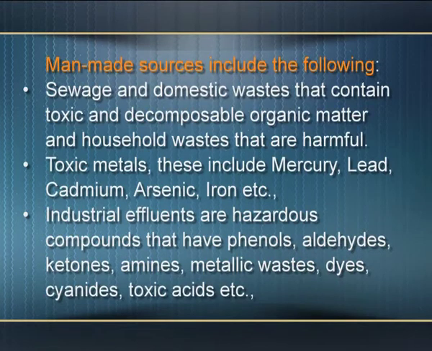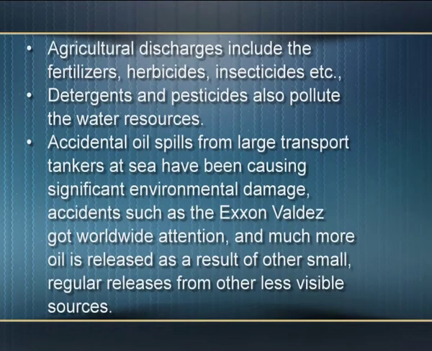Man-made sources include the following: sewage and domestic waste that contain toxic and decomposable organic matter and household waste that are harmful, toxic metals, these include mercury, lead, cadmium, arsenic, iron, etc. Industrial effluents are hazardous compounds that have phenols, aldehydes, ketones, amines, metallic waste, dyes, cyanides, toxic acids, etc. Agricultural discharges include the fertilizers, herbicides, insecticides, etc. Detergents and pesticides also pollute the water resources.